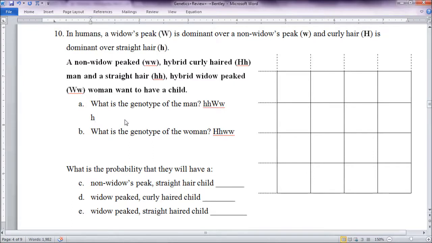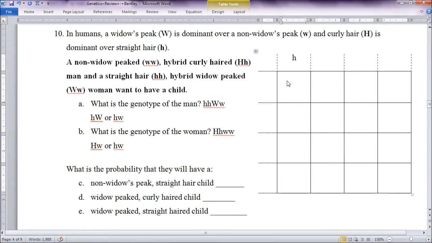So we can combine that little h with a little w. She only gets one combination. Her's isn't too exciting. The man, on the other hand, has a big H and a little h, and a big W and a little w, so he combined his big H with a big W, or big H with a little w, or little h with a big W, or little h with a little w. So this is a pretty easy cross.